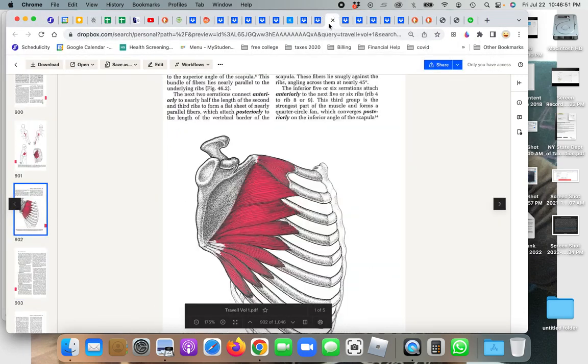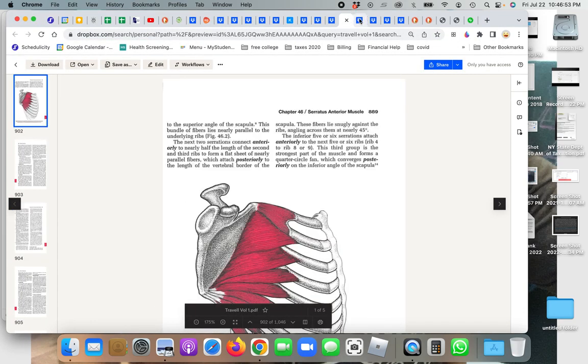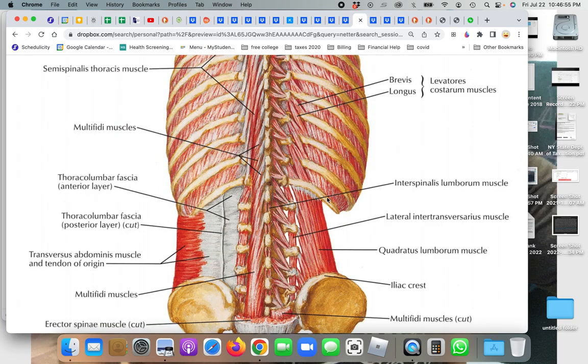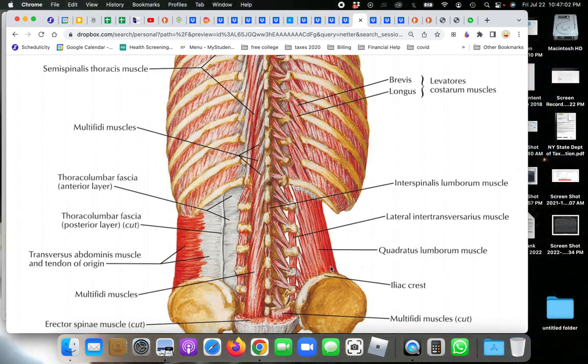And it will be enough for us just to take a look at the diagram of the quadratus lumborum. Now the QL has fibers that go in different directions, but here they're drawn mostly in one direction. You could make the argument that there are 2 different sets of fibers, one going to the 12th rib and another going to the lumbar vertebrae.